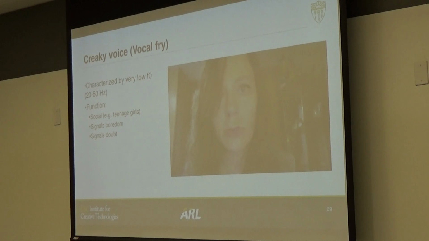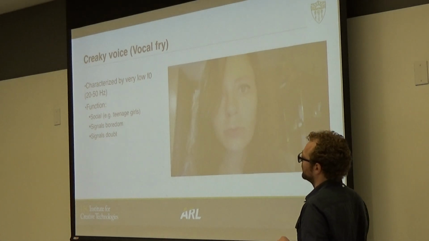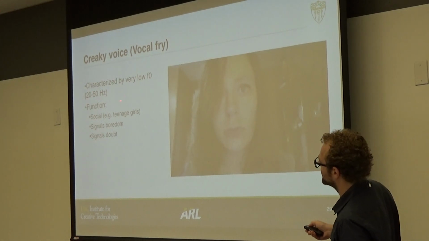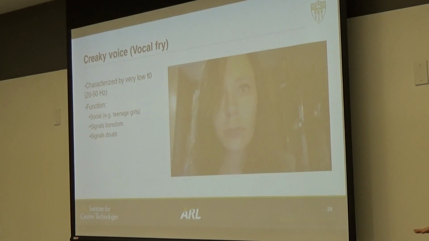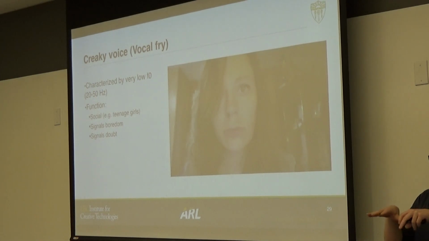There are others that are not necessarily on this dimension, for example vocal fry or the creaky voice, which is very interesting because it is actually below the fundamental frequency that I said earlier is usually the lowest one. That is because the vocal folds are very loose and they just flap around a little bit, so it sounds kind of funky.